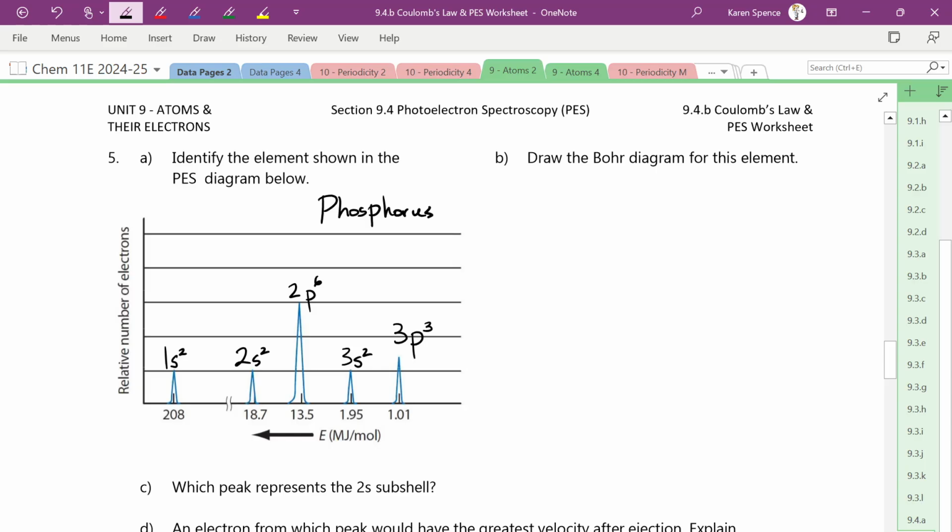And if you're like, how do I know it's phosphorus? Well, we go over to our P block because our last electron is in the 3p section. So row 3, 1, 2, 3, and we go across 1, 2, 3 because 3p3, and we get phosphorus.